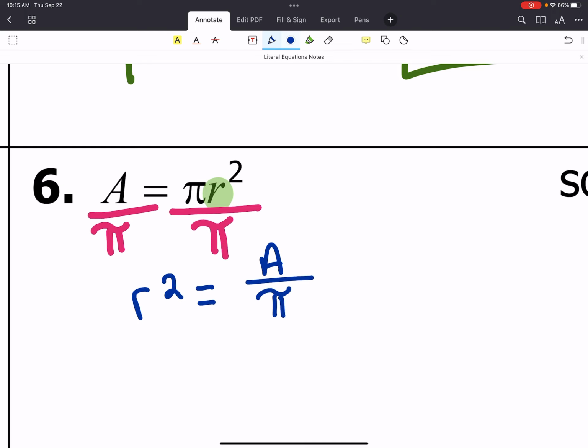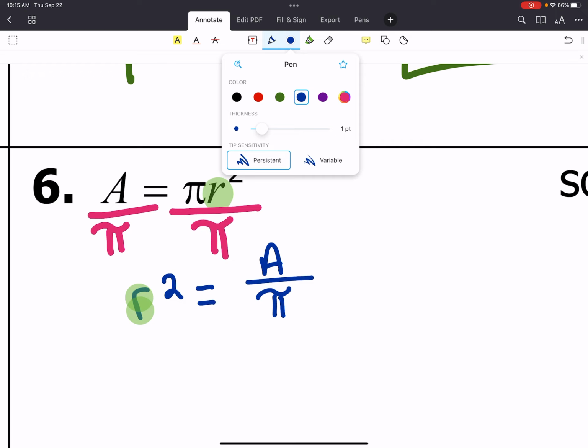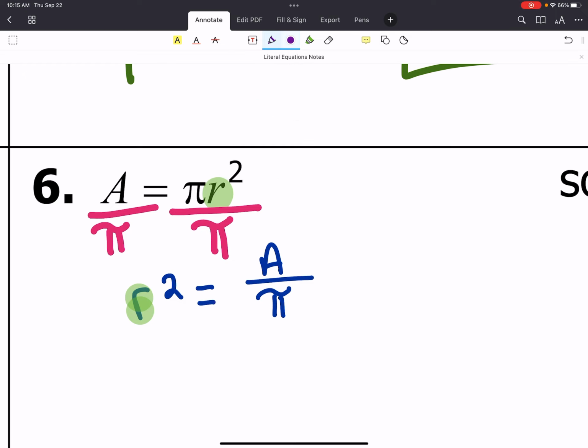A over pi. But I'm not done. It didn't say solve for R squared, it said solve for R. And so, when I have R squared, to undo squaring something, I would take the square root, right? For example, if I have 2 squared, that's 4. Well, to undo that, I would take the square root of 4, which is 2, also could be negative 2, right?